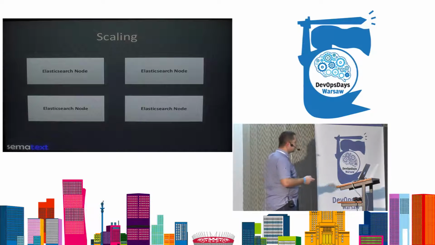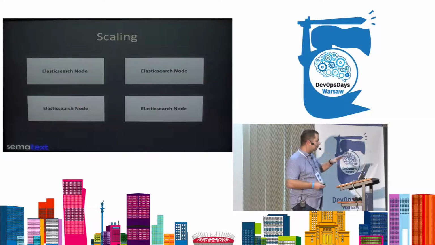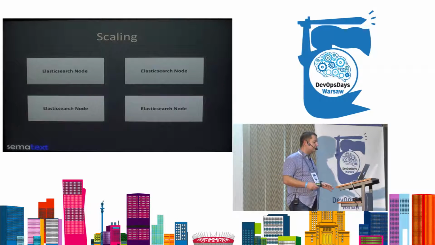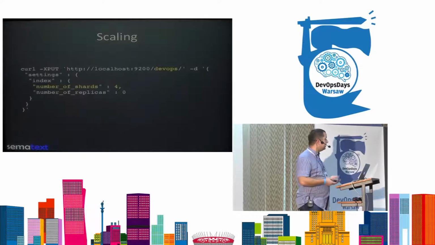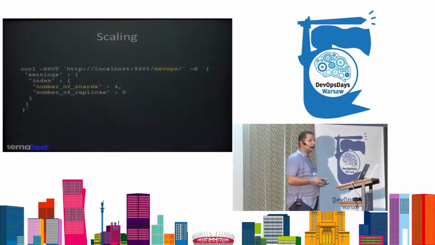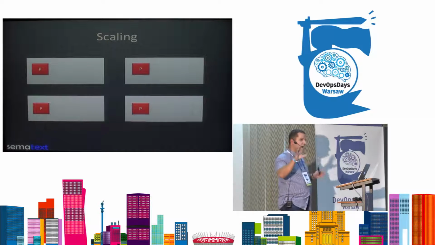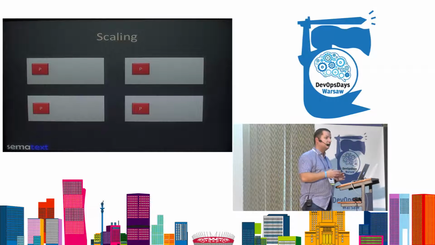A bit of scaling. Imagine those 4 Elasticsearch nodes running in containers, and what we can do with them is create an index, for example the Devops index here, that will have 4 shards. There are 2 types of shards in Elasticsearch that build up indices.